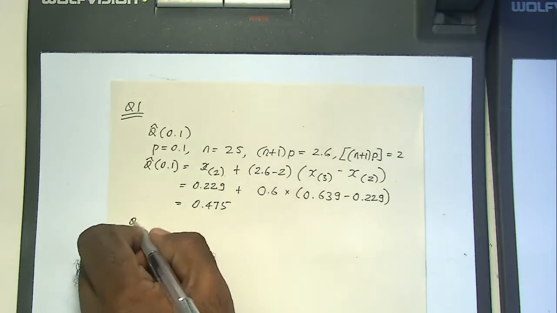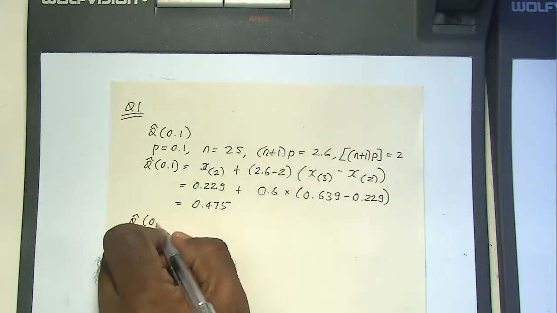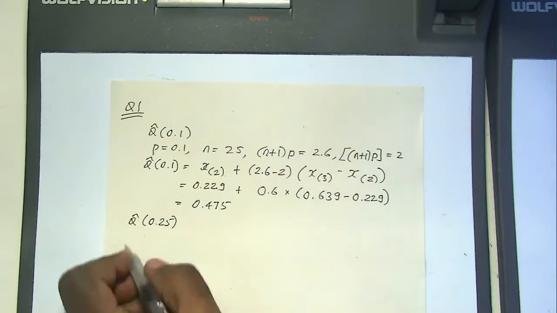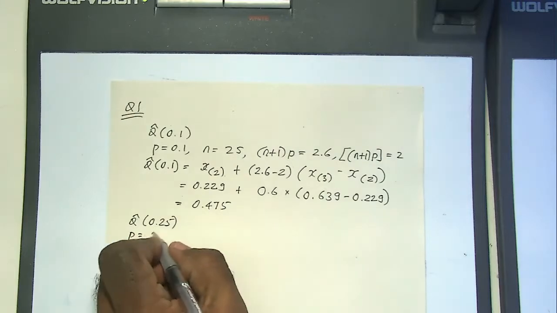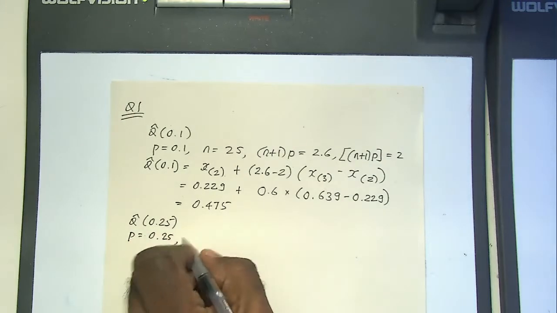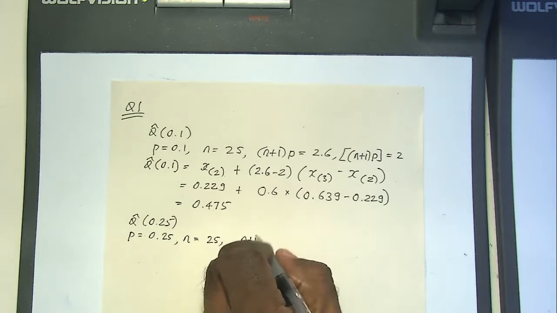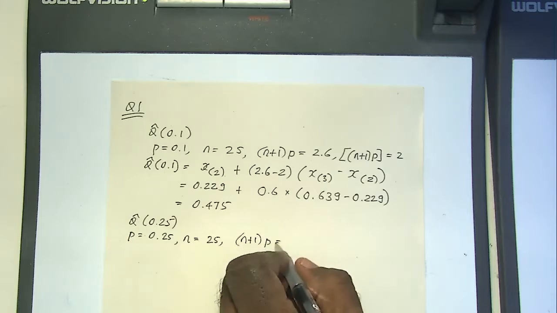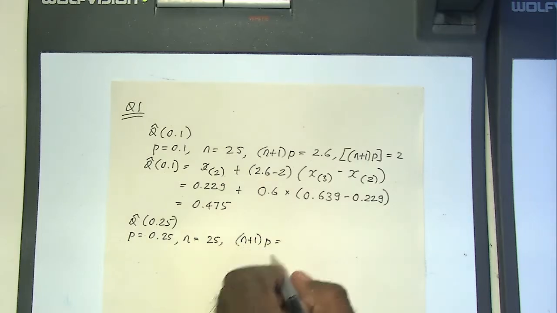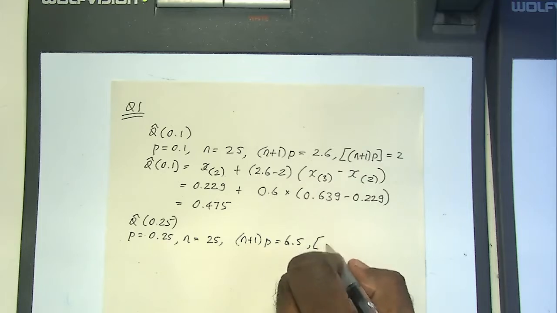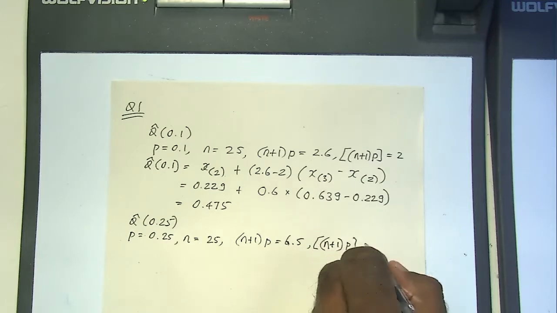And to find the quantile at 0.25, you do the same kind of thing. Your P is 0.25, your N is 25, so your N plus 1 times P will be 6.5, and the integer part of that is 6.